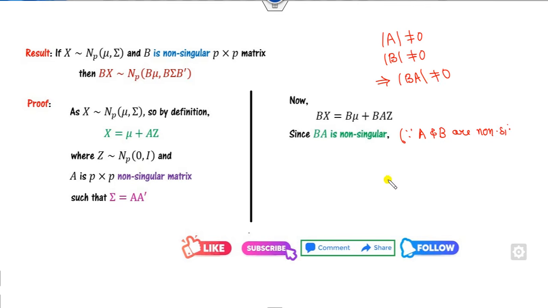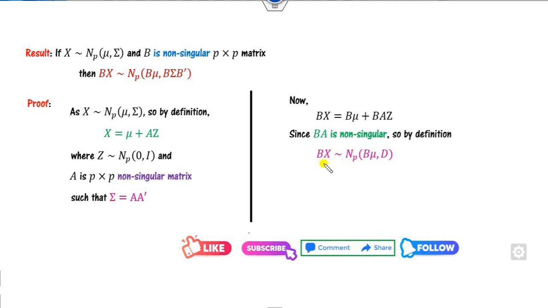Now once this property is satisfied, this is a real number, because B is a P cross P matrix, mu is a P cross 1 matrix. So what is B mu? B mu is again a P cross 1 matrix. So what does it mean? That means Bx follows the normal distribution with the mean here, and this capital D is called the covariance matrix.